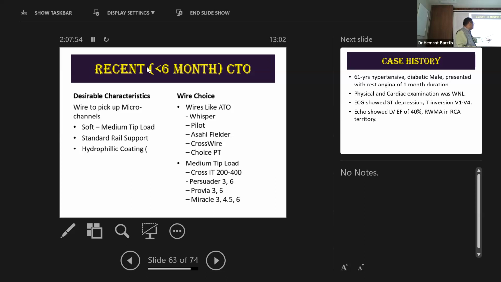Another option is a medium tip load wire like Crosswire, which is a penetrating wire also, and can penetrate through the fibrous tissue and enter the micro channel. Persuader, Provia, and Miracle, all these types. Intermediate level Miracle wires, 3, 4, 5, and 6.